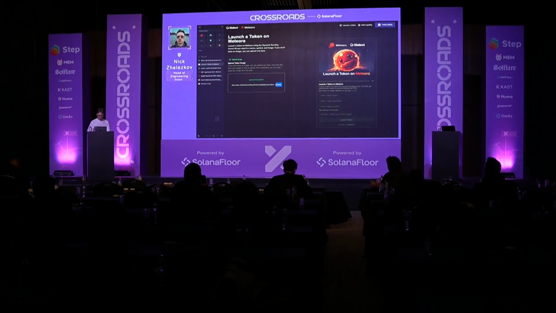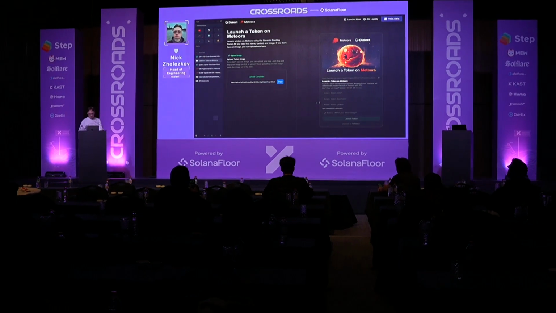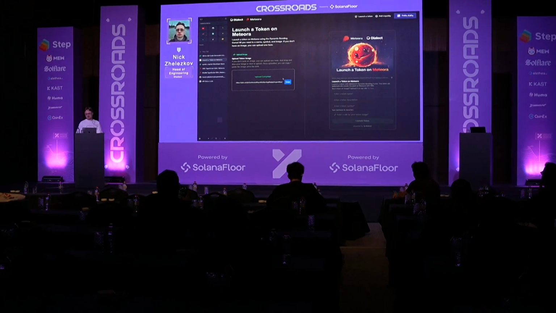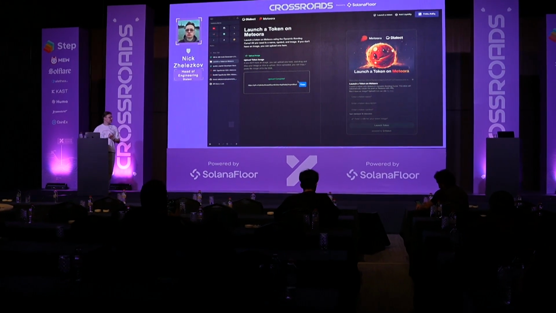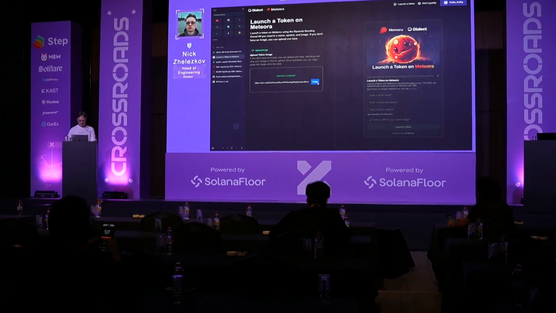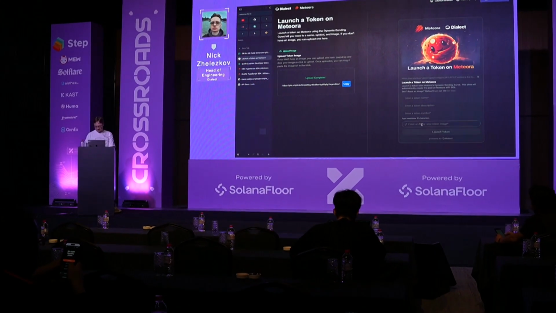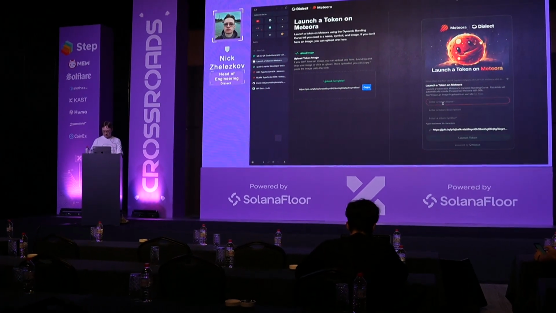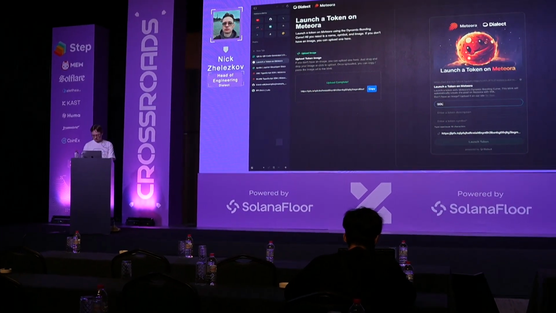I'll show it really quick, just for everyone who hasn't seen Blinks in action. I'll show how it works together. So I'll try to create a token right now through a Blink. Yeah, I upload an image. Since Blinks doesn't yet have a feature to upload files, we built a small UI on the side. And for example, I can specify here the token name.